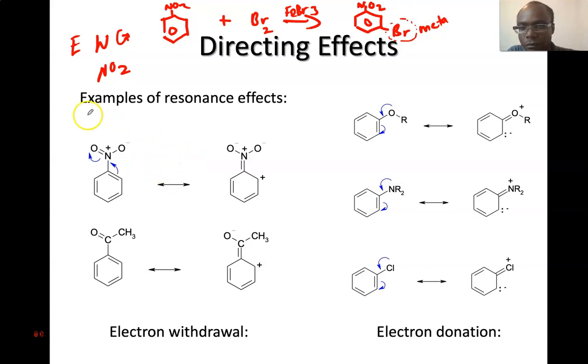Okay, so if you have NO2, you're pushing electrons this way, and that opens up, you get a plus sign here, right? Still, I can push this one here and get the plus sign. Let me show you.